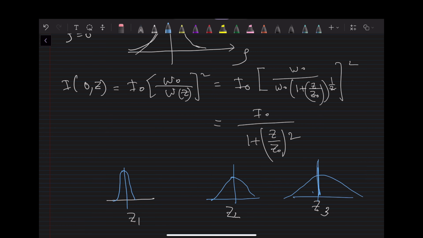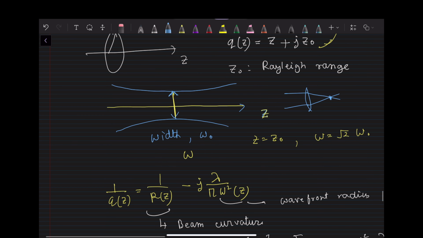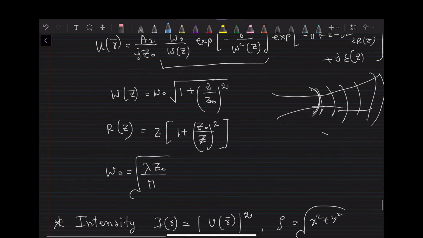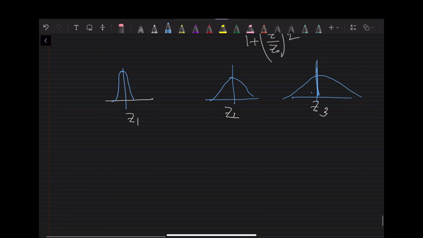That's a very important way of looking at this figure: as it goes along the optic axis, in the z direction, it spreads out. And that's very ideal, in the sense that it's very practical, because we can model a lot of actual light sources using this.